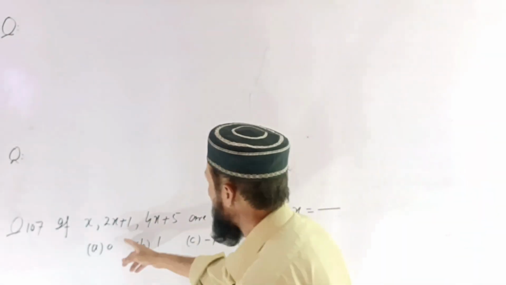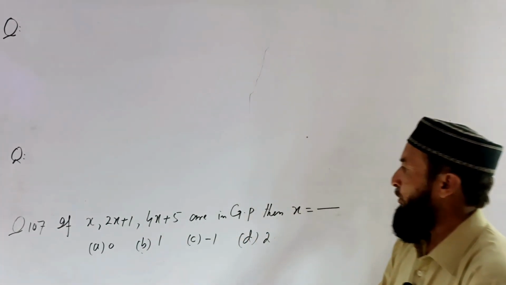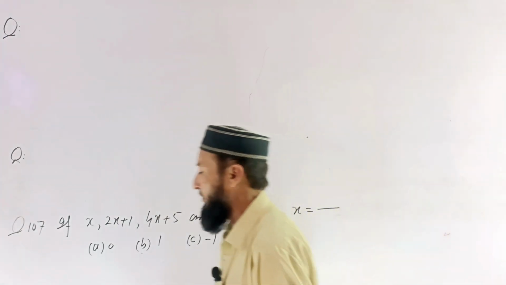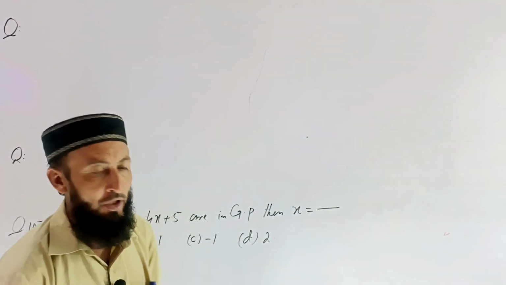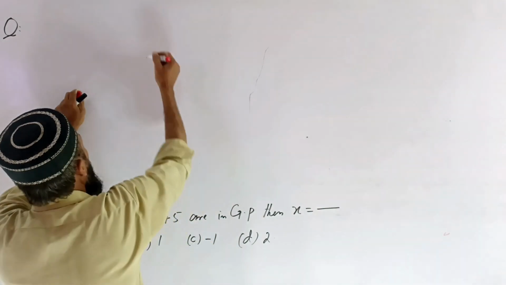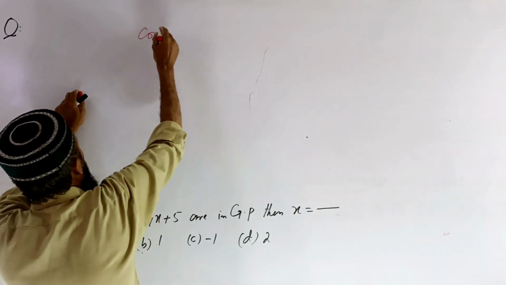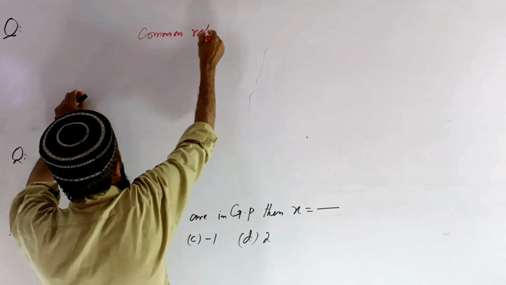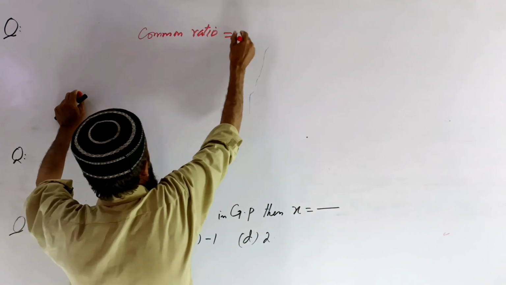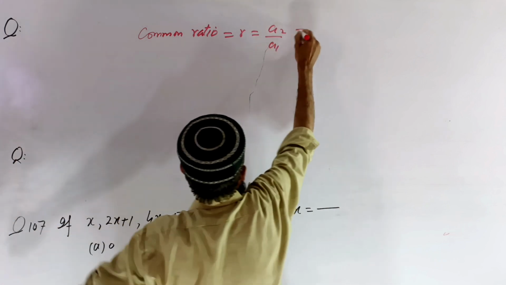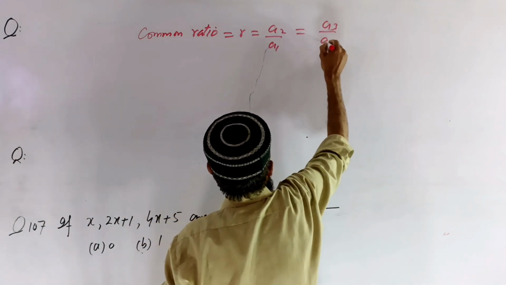If x, 2x plus 1 and 4x plus 5 are in geometric progression, then what is the value of x? In geometric progression we require the common ratio. The common ratio is the second value divided by the first value, or the third value divided by the second value.